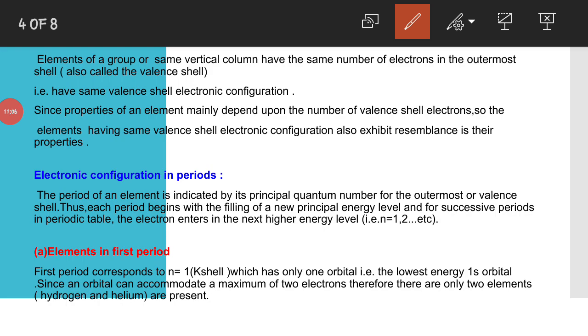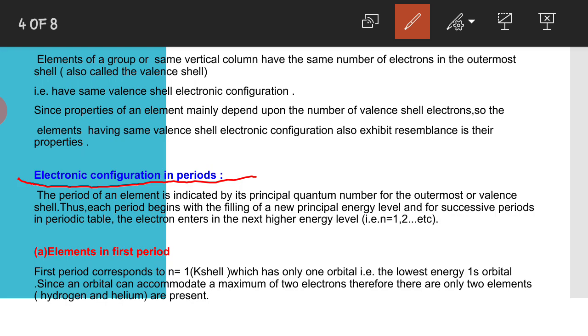Next, electronic configuration in periods. The period of an element is indicated by its principal quantum number for the outermost or valence shell.